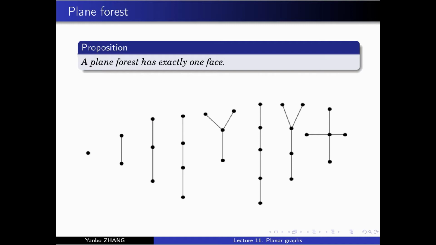The graph below is a plane forest. We can see that it has only one face, which is unbounded. For any 2 points, we can find a polygonal path joining them. So a plane forest has exactly one face.